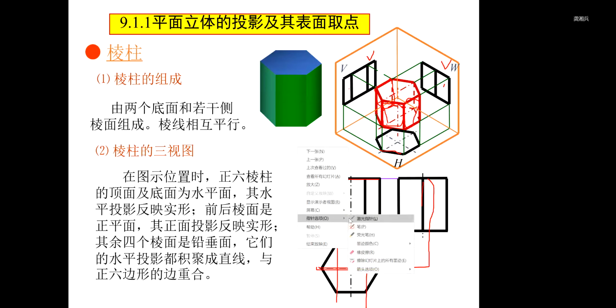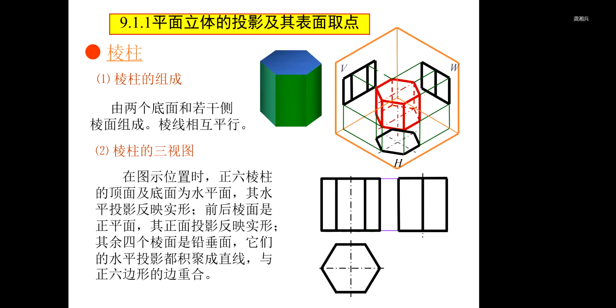If you have any problems understanding, just look at this one. You can make out that this one represents this plane, and because the top and the bottom are the same, this side plane is there, and this side plane is there.